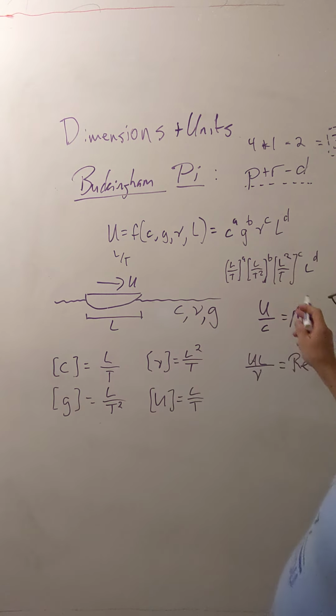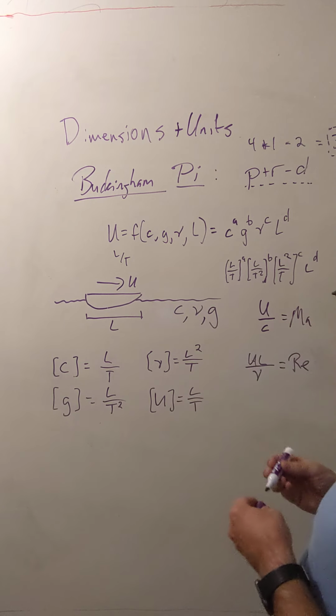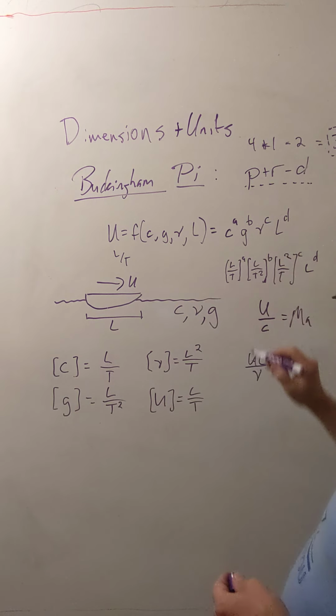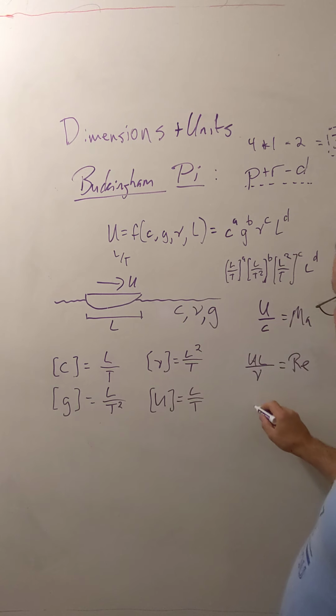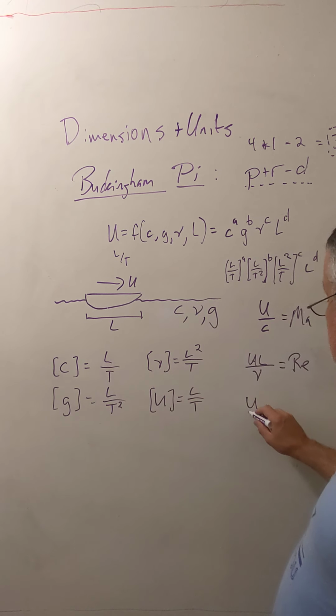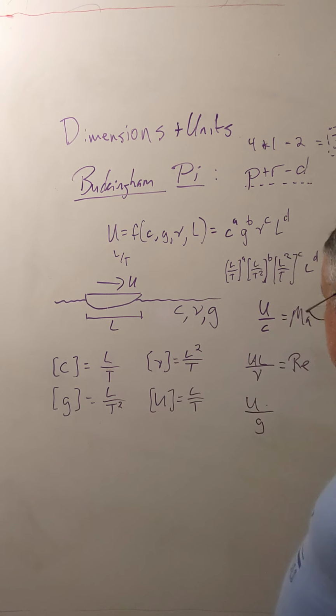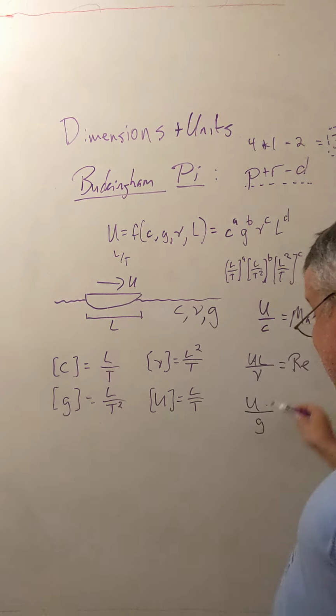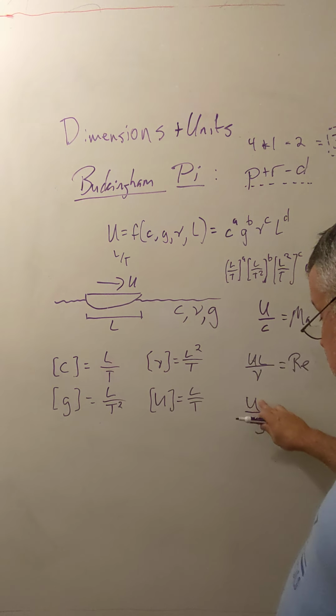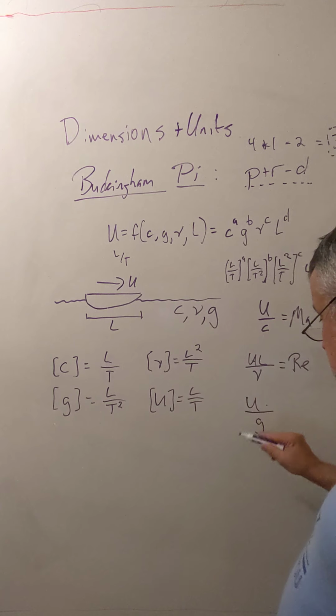And then there's one more that's maybe not so familiar, and it depends on g. Okay, let's see. We want something that's dimensionless, like these two. U over g has units that are not dimensionless, because this is length per time and this is length per time squared.